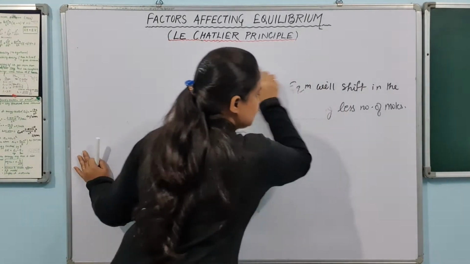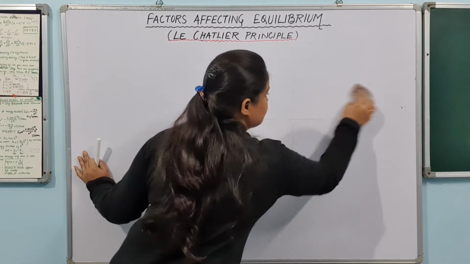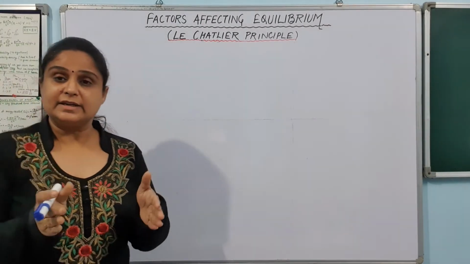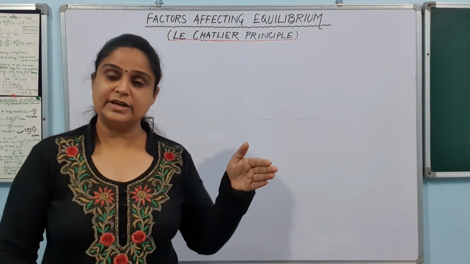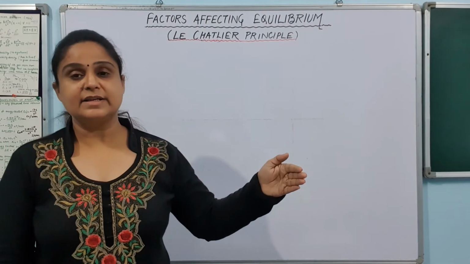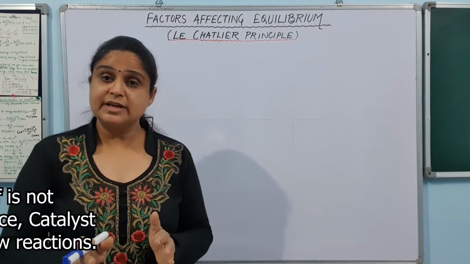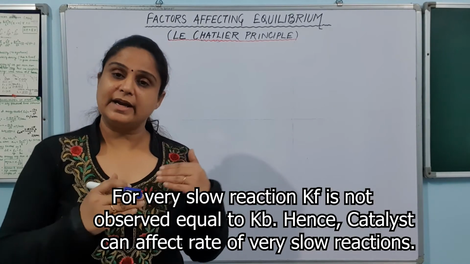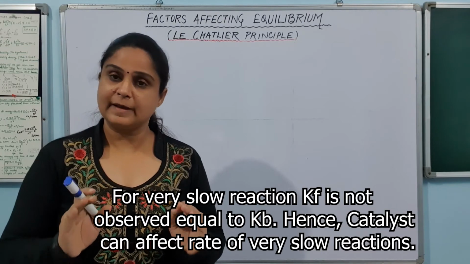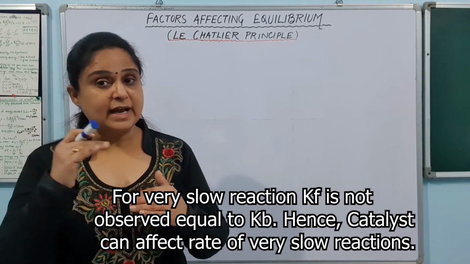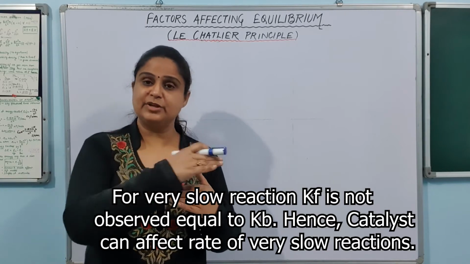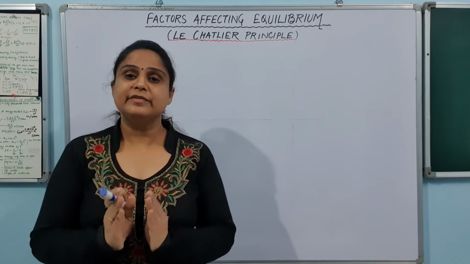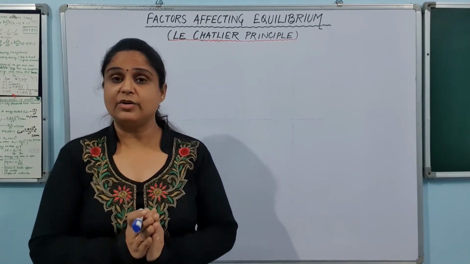The important thing is that a catalyst increases the reaction rate. The catalyst will increase the rate in the forward direction as well as in the backward direction, because the catalyst affects both rates, the forward rate and the backward rate, to the same extent. So if you have increased the speed of the right reaction and the speed of the left reaction, ultimately the equilibrium will be reached faster but it will not be shifted.